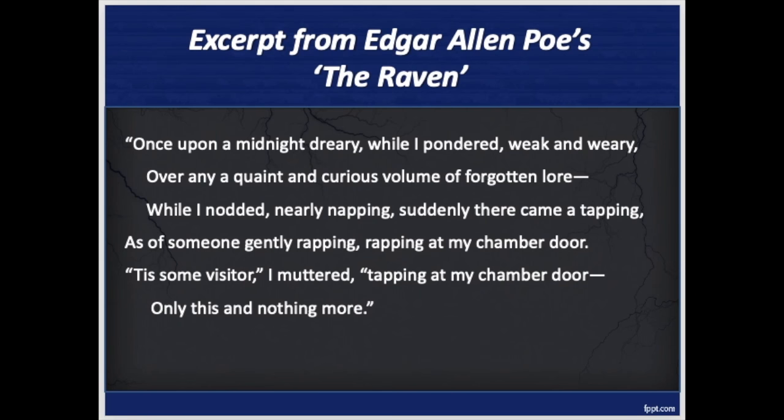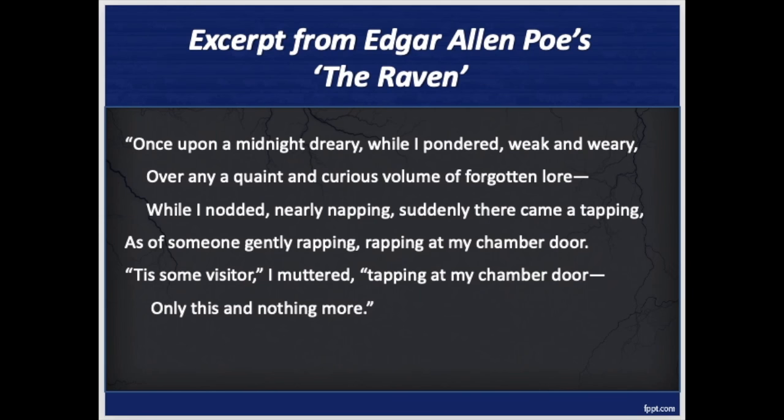Furthermore, if we were to look at the text overall, you can identify that there's a setting. Setting can refer to time and place, or the character's surroundings in general. See if you can identify first and foremost one word in that first line that establishes the time of day.